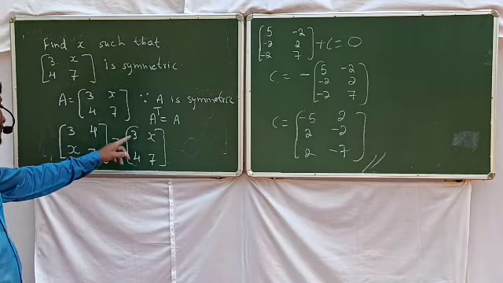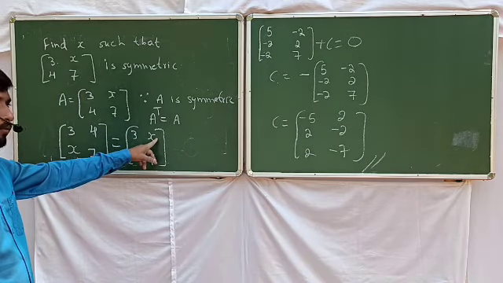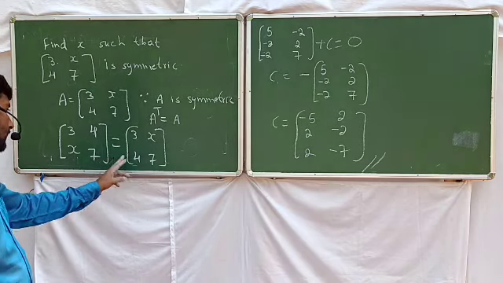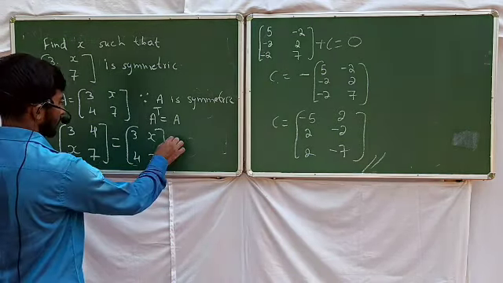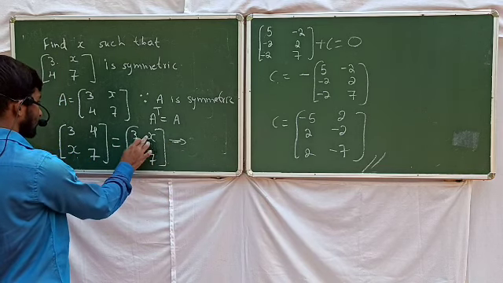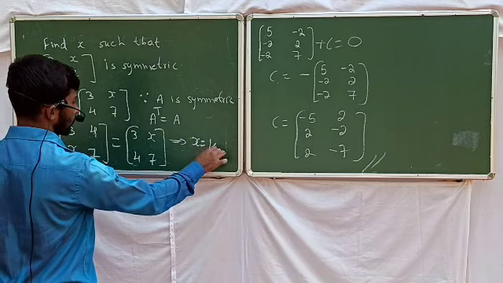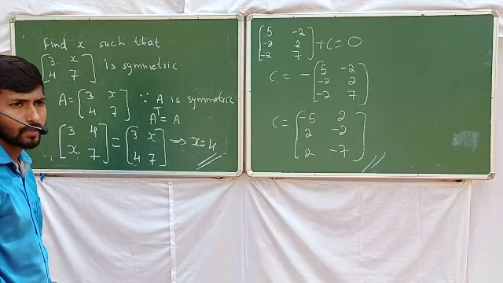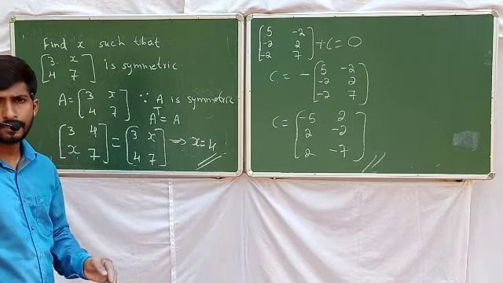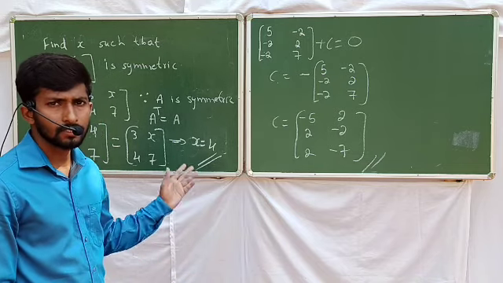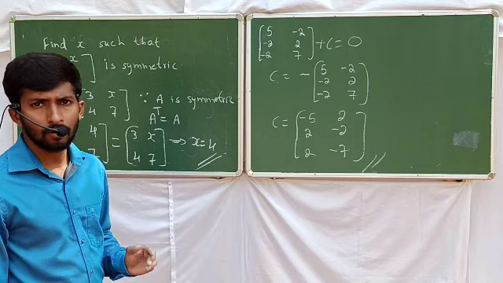Compare: 3 is there, 4 is equal to x. X is equal to 4. 7 is equal to 7. By this you can write directly, comparing the matrix, 4 equal to x, or x value is equal to 4. It's a very important question. Just use the definition of the symmetric matrix. Symmetric means A transpose is equal to A.